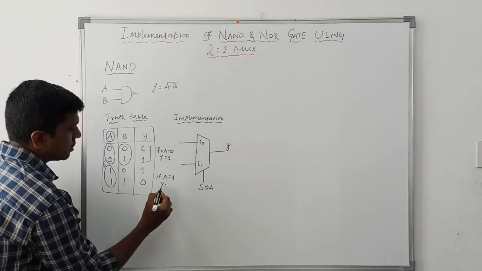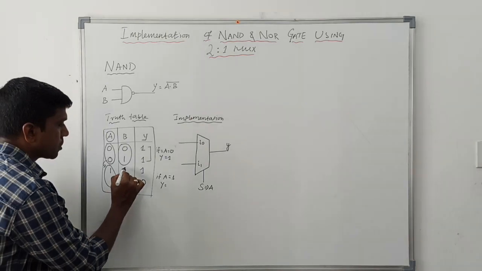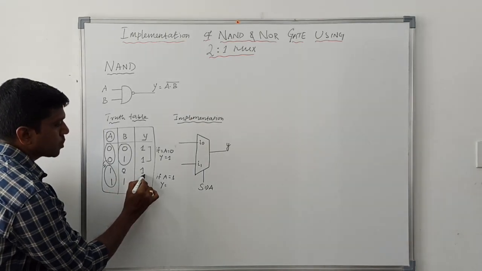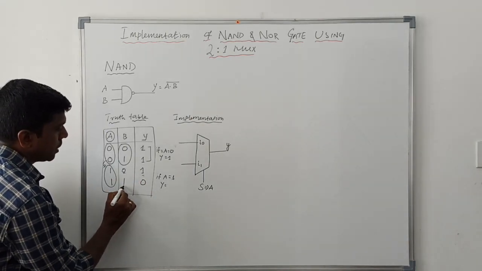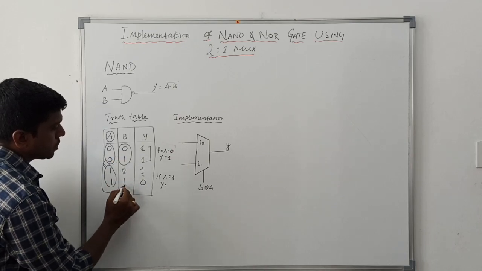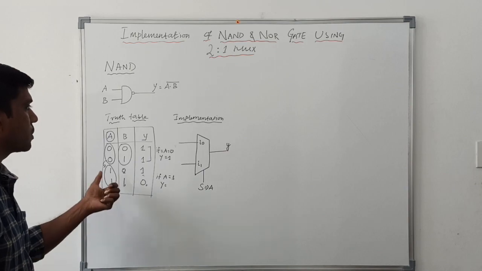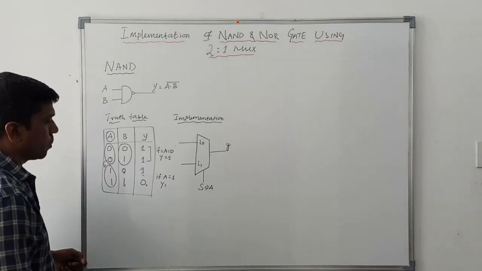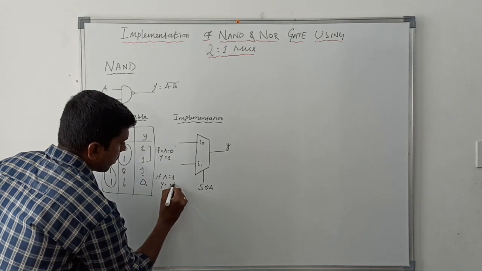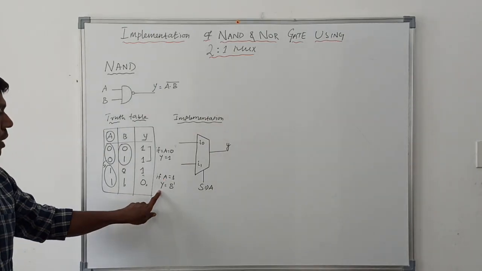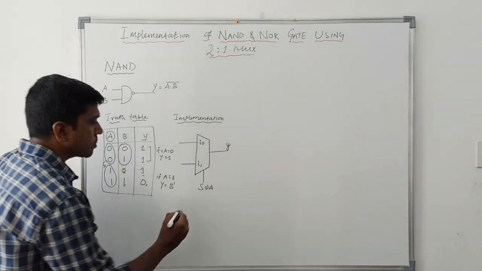So Y equals 1. If A equals 1, the output is the complement of B. When B is 0, the output is 1, just taking the 1's complement. In the next case, B is 1 and the corresponding output is 0, again the 1's complement. Inversion of B is equal to Y. So when A equals 1, Y equals B bar.